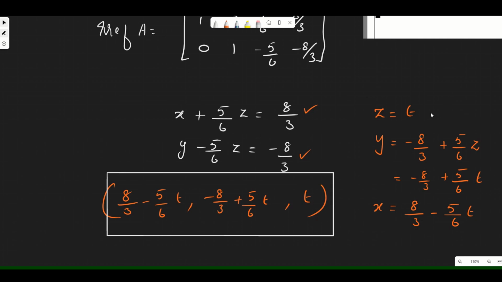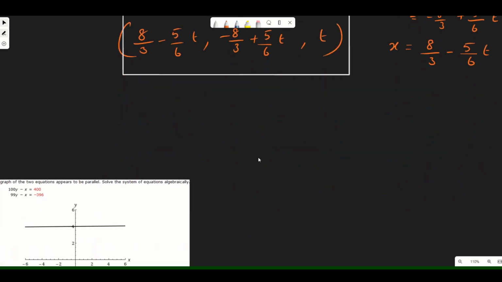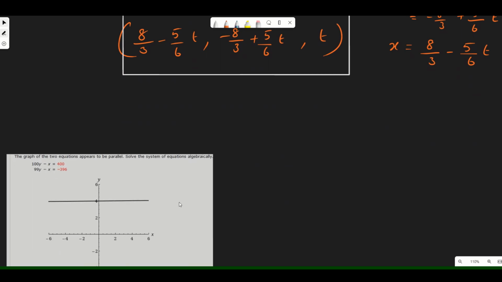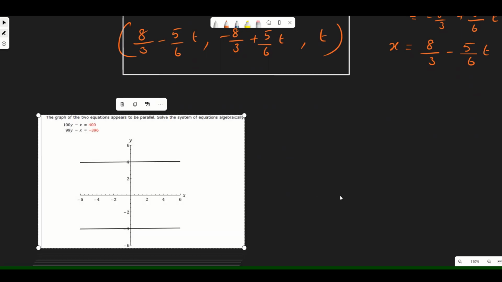Start from the parameter t always. If there are two unknowns, then maybe you will have the second one as s. But here I have a t, and with respect to t, you can rewrite the values of y and x. The same way you can try the other questions.